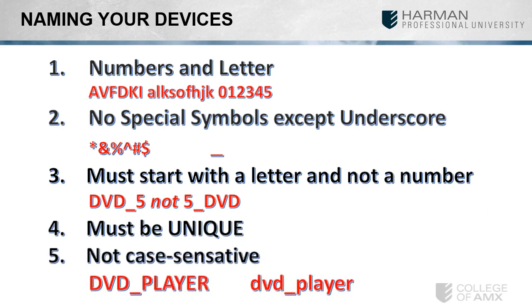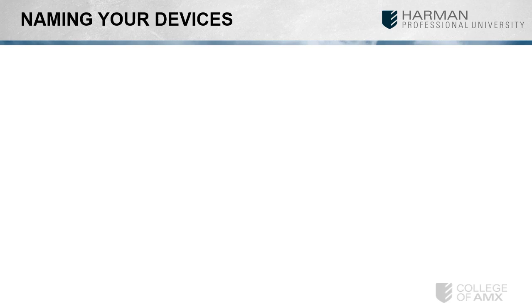Therefore, you can't have a DVD player uppercase and a DVD player lowercase. They must be unique names. Please keep in mind that the point of device naming is simply to make the code easier to write, read, and maintain. In actuality, you could, anywhere in your code, simply reference the DPS of the device you are controlling.